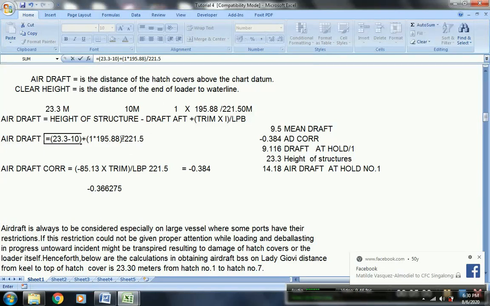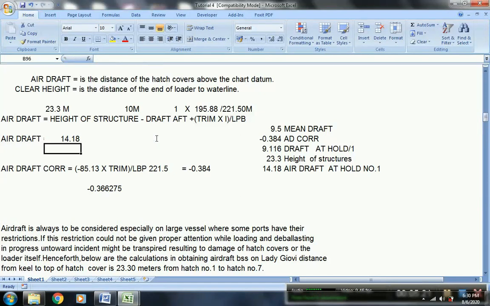So you have to put parentheses to get the correct answer. Okay, then you are done, then enter. So this is the airdraft at hold number 1, which is 14.18 meters.